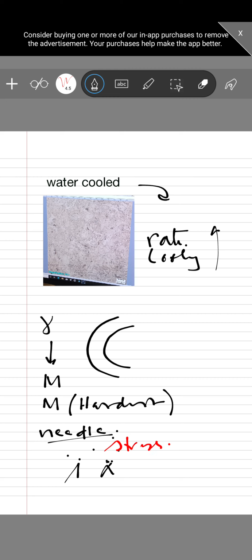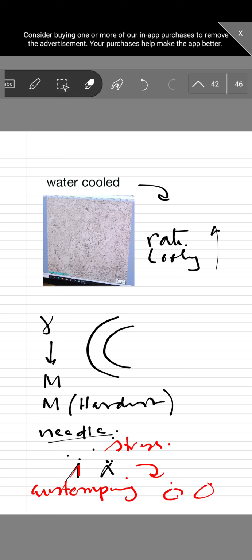That is why a process called austempering is done. It is basically a manipulation where the shapes of the particles formed are made a little more spherical, so that the stress concentration is not as severe as in the case of needle shapes. It's called austempering.